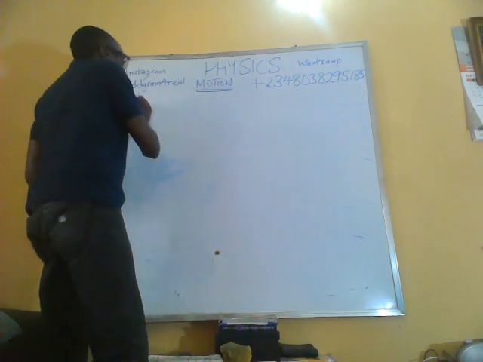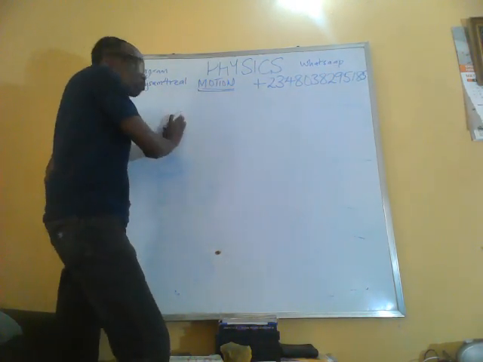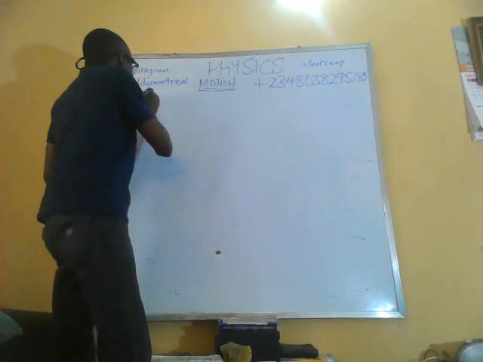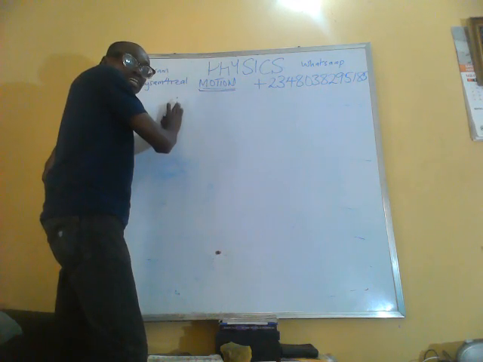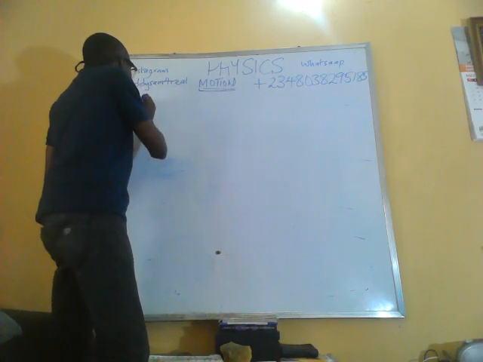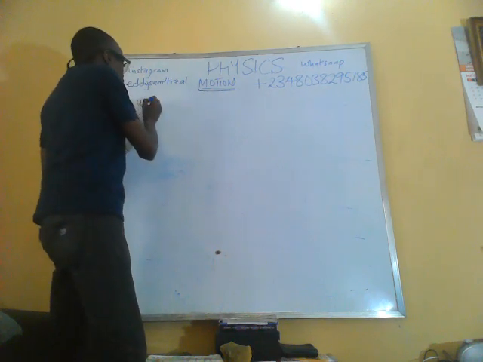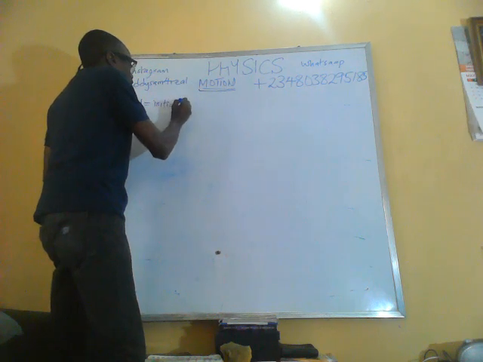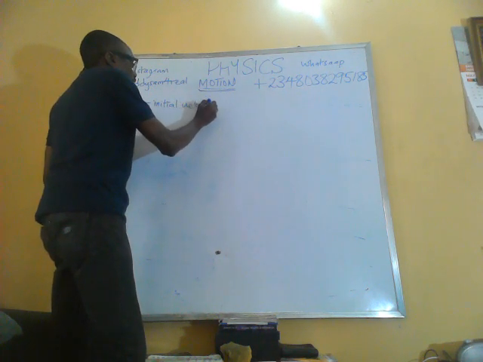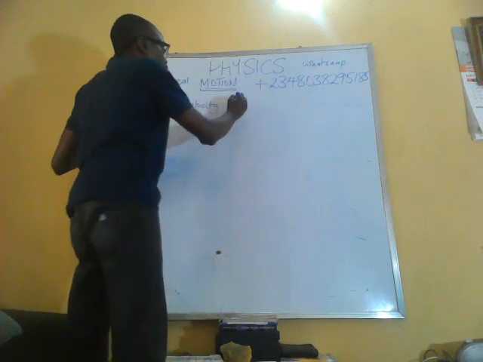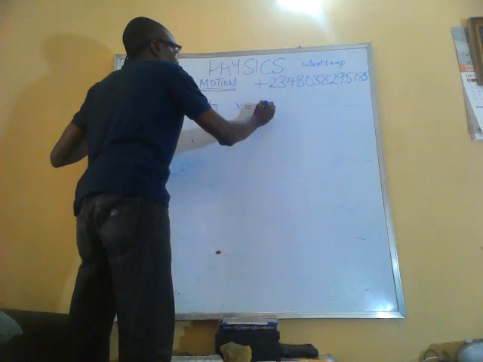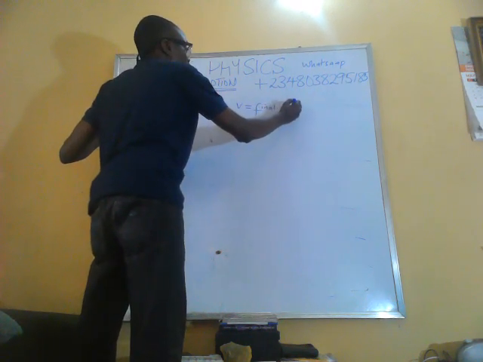First and foremost, let me explain the parameters in the equation. You have u. u stands for initial velocity. Then you have v. v stands for final velocity.